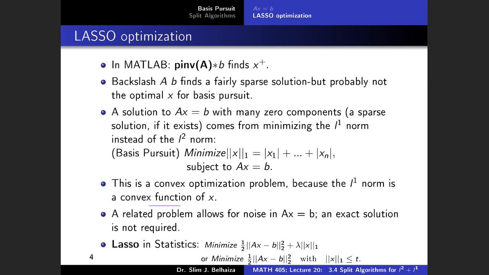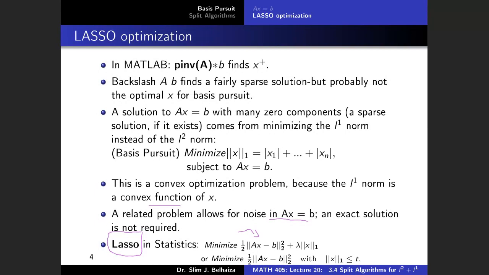Now, a related problem allows for noise in Ax equals b. In that case, you may say that an exact solution is not required. There is a very important branch in statistics. Actually, I have many colleagues working basically on lasso and shrinkage. In lasso and statistics, they use least squares with penalties, as we already detailed before.